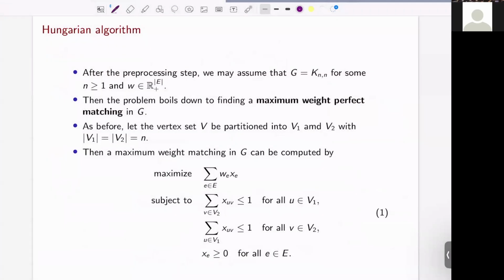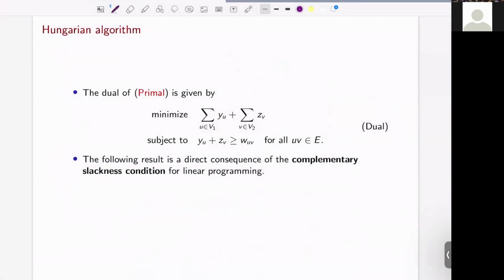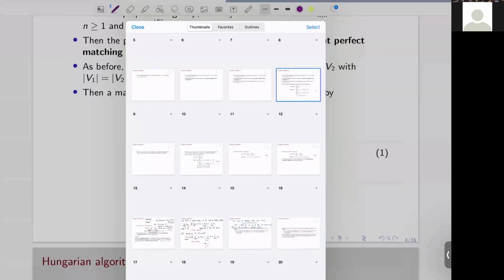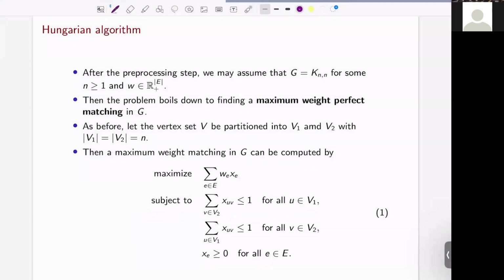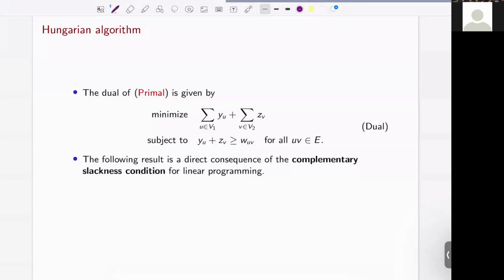You have this primal problem, and then you have this dual formulation. We know that they are in a dual relationship. One way to create an optimal solution is to find a solution that's feasible to the primal and feasible to the dual.